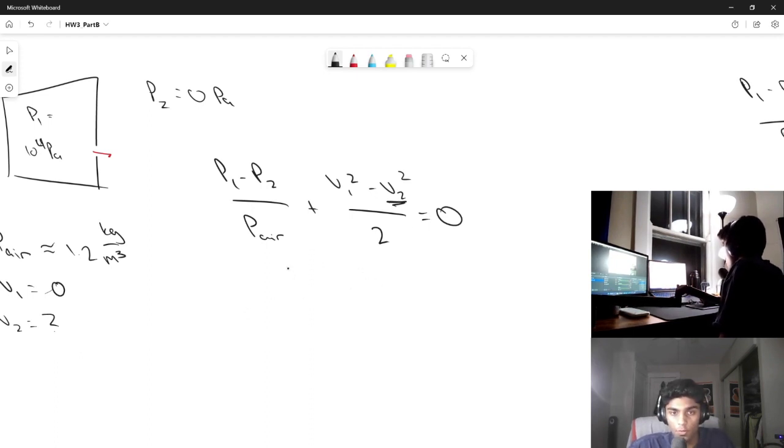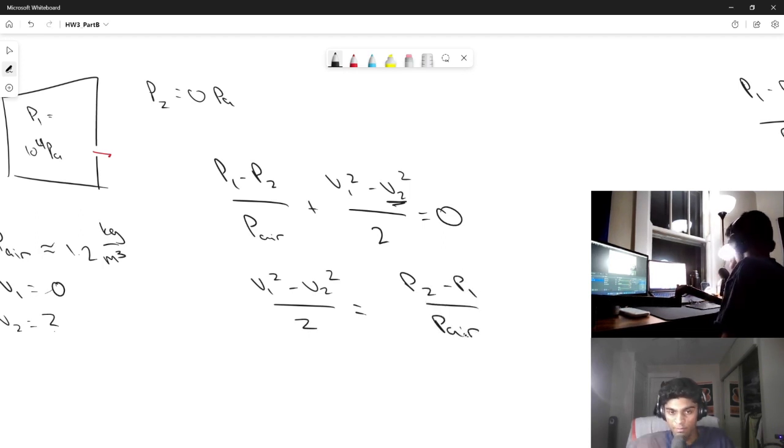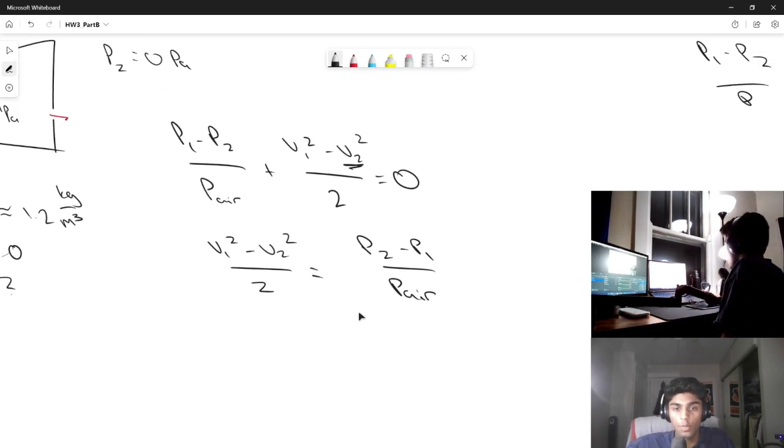First, we're going to move this over to this side, and to do that we're just going to flip around the top part. So (V1 squared minus V2 squared) over 2 is equal to (P2 minus P1) over density of air. Then we want to multiply all that by 2.